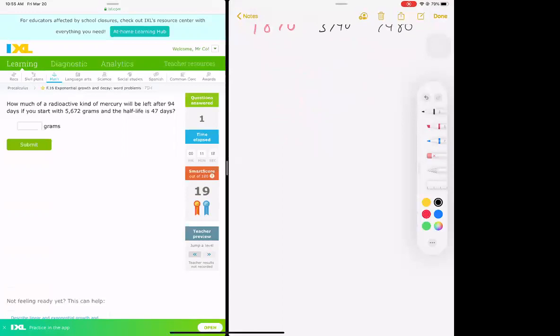So N is equal to N naught e to the RT, where N is how much of a radioactive kind of mercury will be left after 94 days if you start at 5,672 kilograms? Well, if I cut that in half, we end up with 2836 equals 5672 e to the R, and we said the half-life is 47 days.